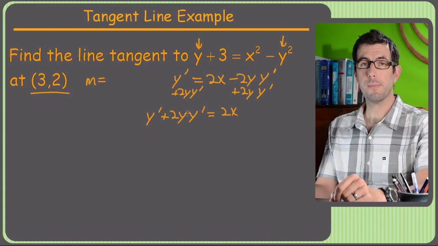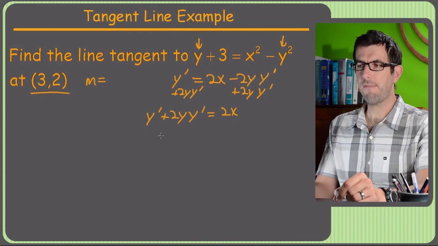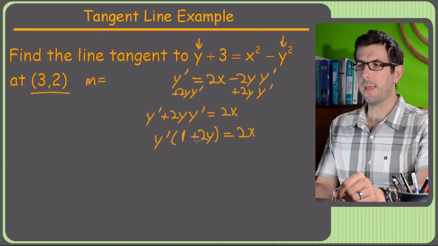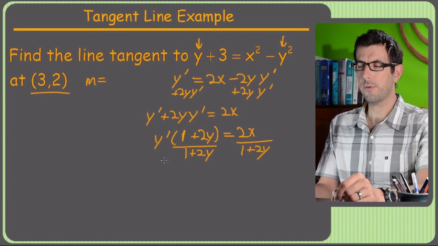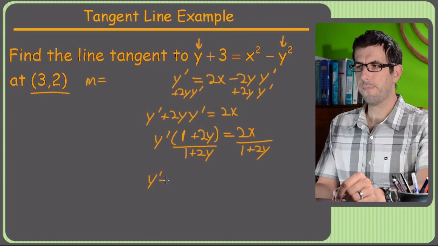I want to get my y primes isolated, so I factor out y prime, which will give me, that first term is just a y prime, so it just leaves a 1 behind. And then 2y y prime just leaves a 2y. And finally, divide by 1 plus 2y to get that y prime on its own. So I get y prime equals 2x over 1 plus 2y.